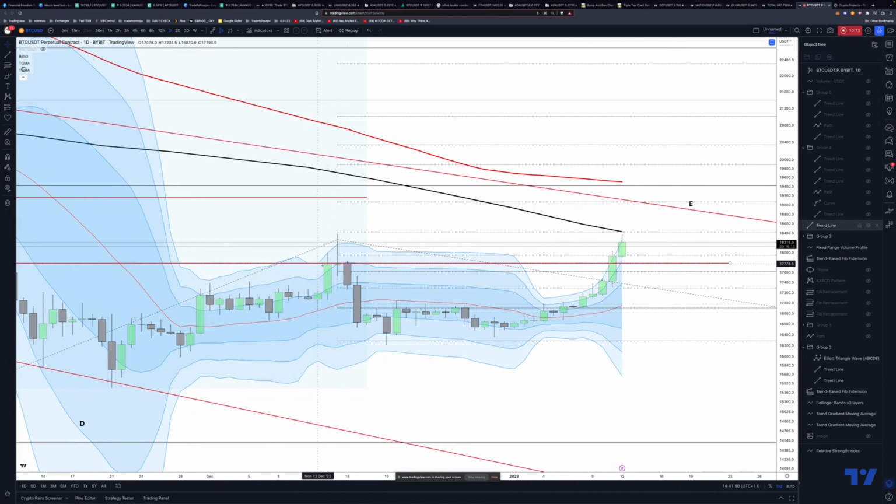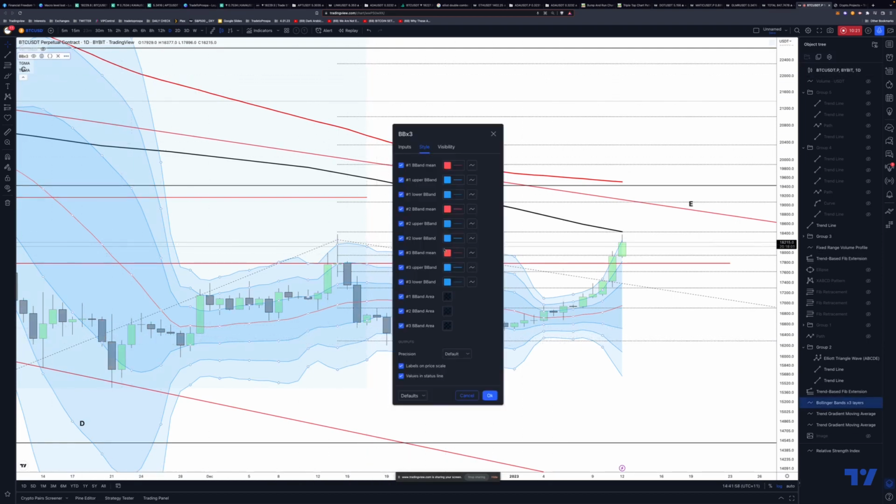This Bollinger Band has three degrees of variation. So if you look at the, where is it? Okay, the options are there. So we're in the extended, the 3 level.